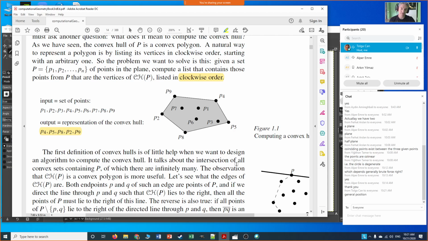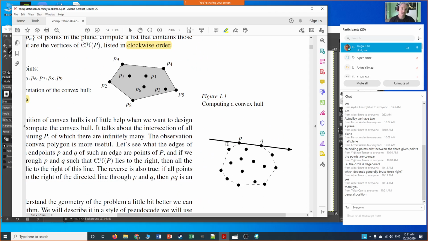If you look at the ordered edges going in the clockwise direction, and at the edge from P to Q, we can observe that all of the remaining n-2 points lie to the right hand side of this directed line from P to Q. And this should be true for all convex hull edges, going in the clockwise direction.